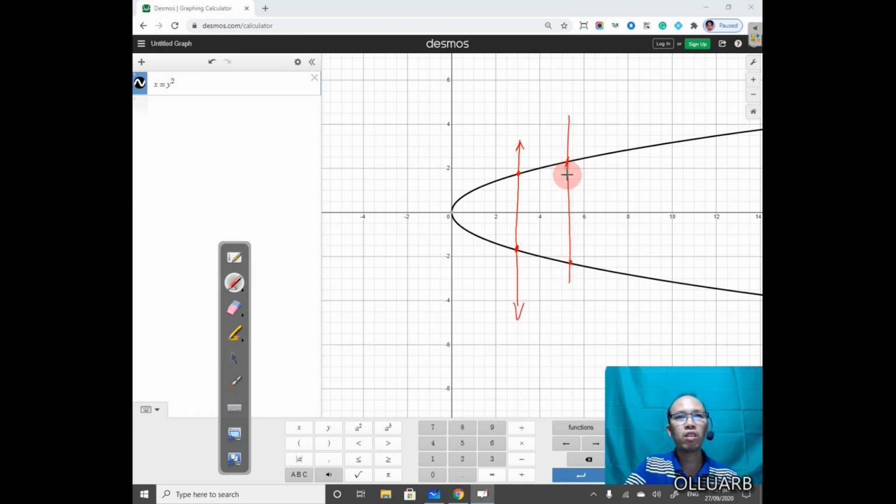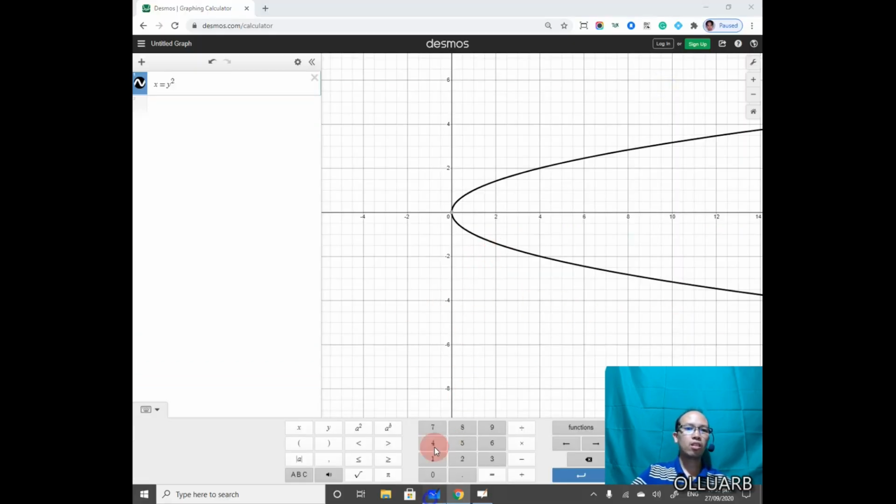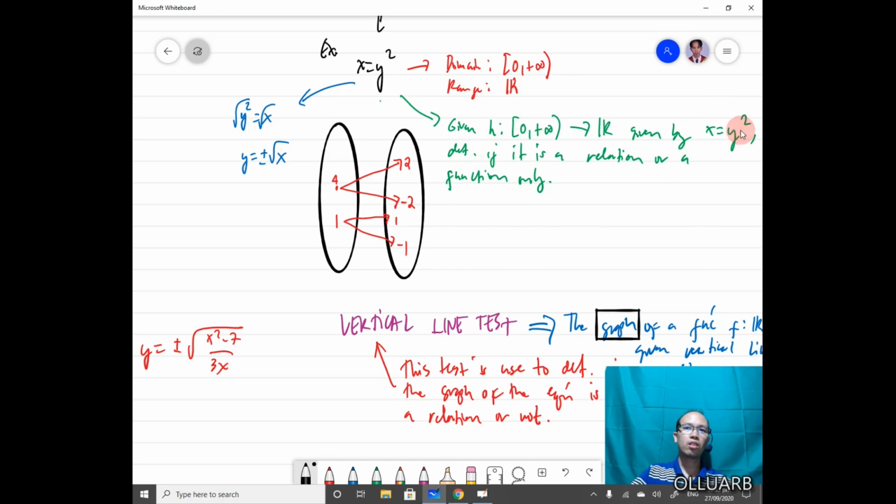There are 2 points, so this is what we mean by a vertical line test. It touches the graph at most once. Meaning to say that this equation defines a relation. It is not a function. This is a relation.